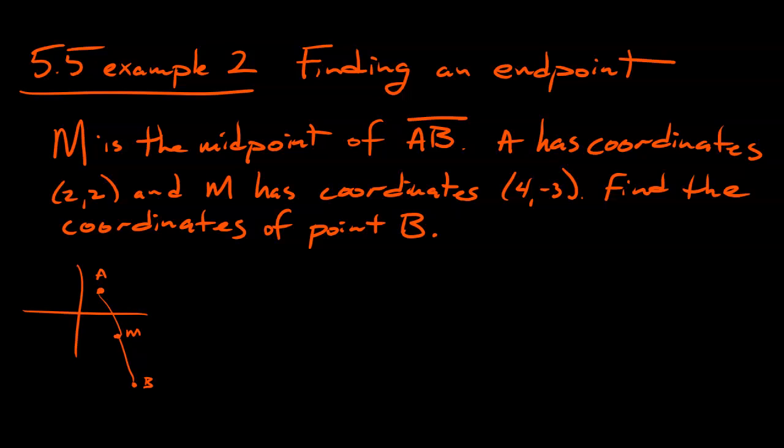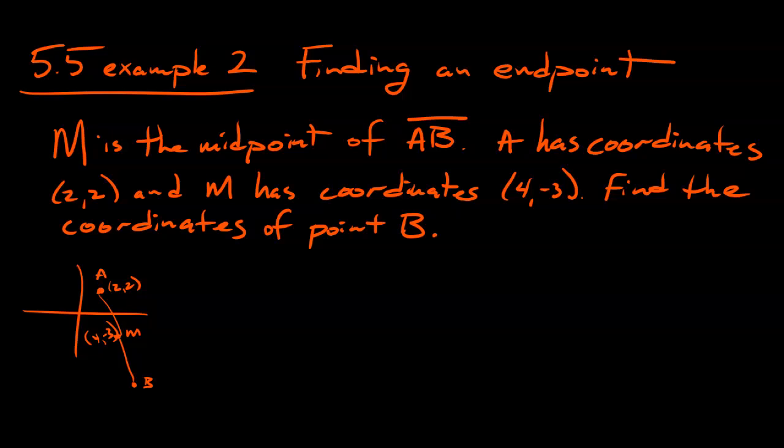So I know that my answer for B should be bigger. I drew it at the correct spot. This is the point 4, negative 3. B is what we're trying to figure out. You don't have to draw it, but a lot of times it just helps you visualize what to do.